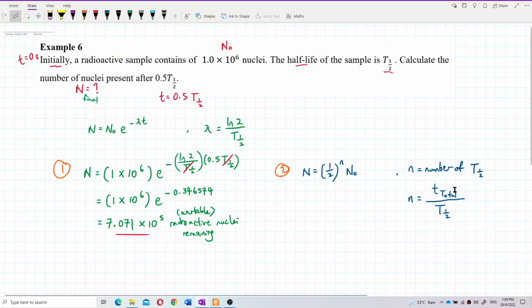You just take the total time taken divided by half-life. Understand? Then you can get the number of half-lives.